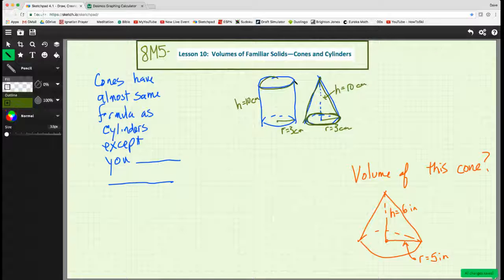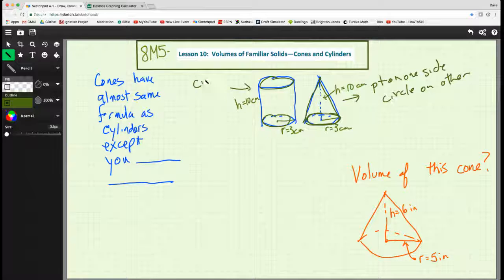A cylinder has 2 circles on either side, and a cone has a point on one side and a circle on the other side. And then a cylinder has a circle on each end.